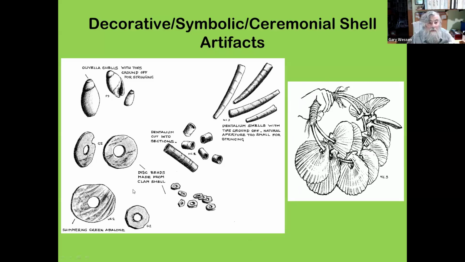We have clamshell beads, abalone beads, disc beads, olivella shell beads. And olivella shell beads, you may know, occur up and down the Pacific coast of the United States, from British Columbia up into Canada and down into Lower California. And the tops are cut off, and these are beads.